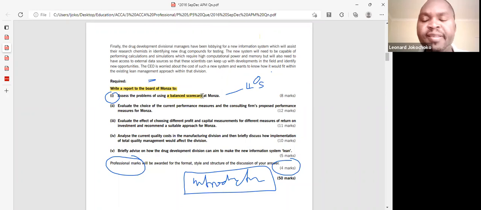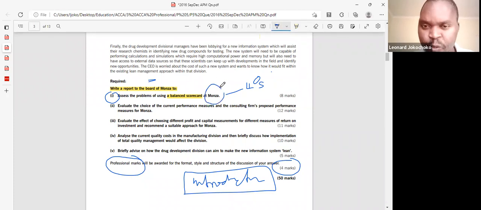It's more or less the same as saying you are evaluating. So if you only raise the problem, you are not assessing the problem. If you describe the problem, you are not assessing the problem. You have to describe the problem and tell us what this really means, and what this really means to the particular company.